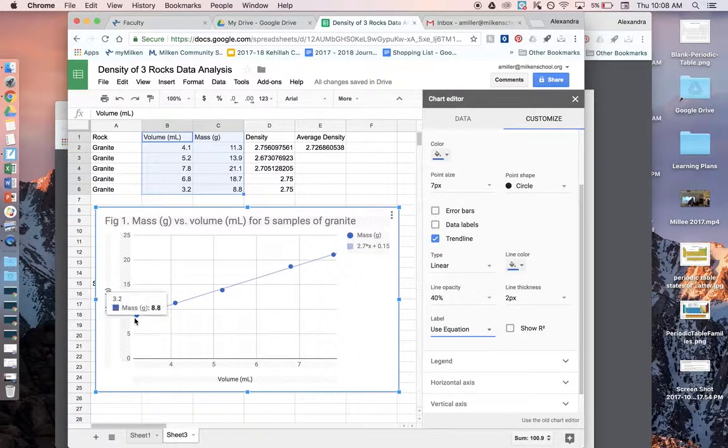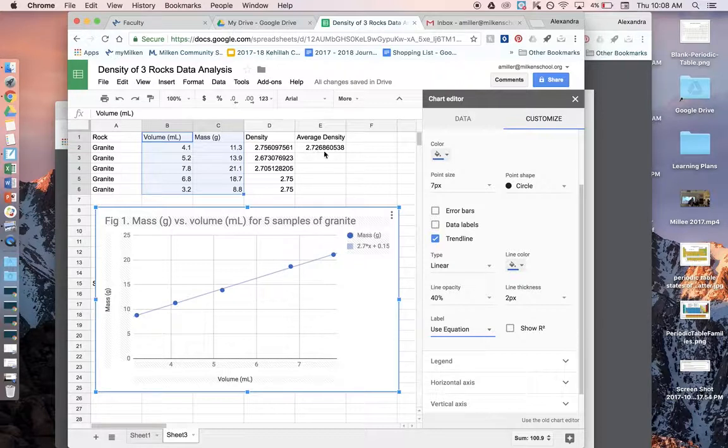Slope is calculated by rise over run. And if the mass is on the y-axis and the volume is on the x-axis, rise over run becomes mass over volume. And so the slope of the line is the density of that substance. When you are making your graphs, you may notice that this slope does not match your average density as well as mine does.